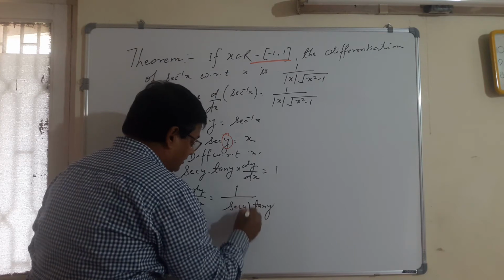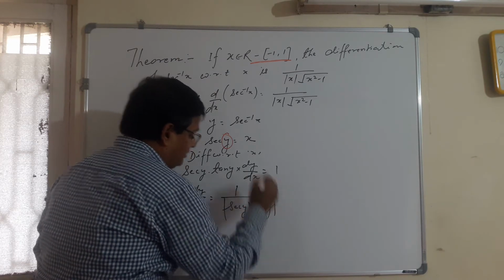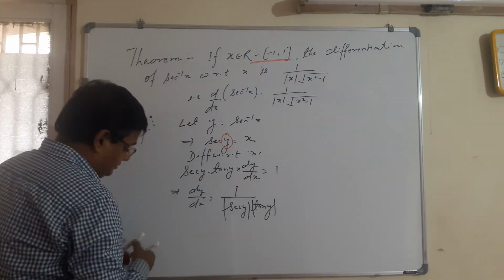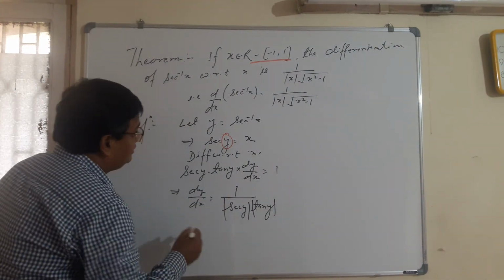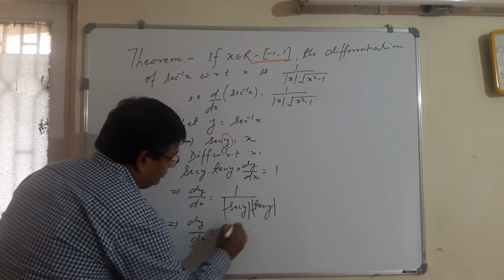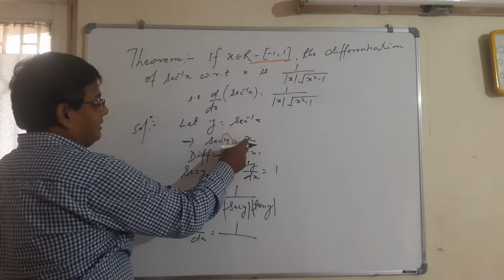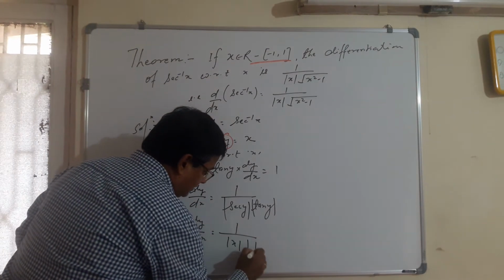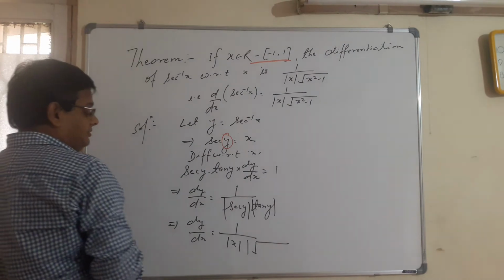So we can put sec y as mod of x and mod of tan y, so dy by dx we can write like this.